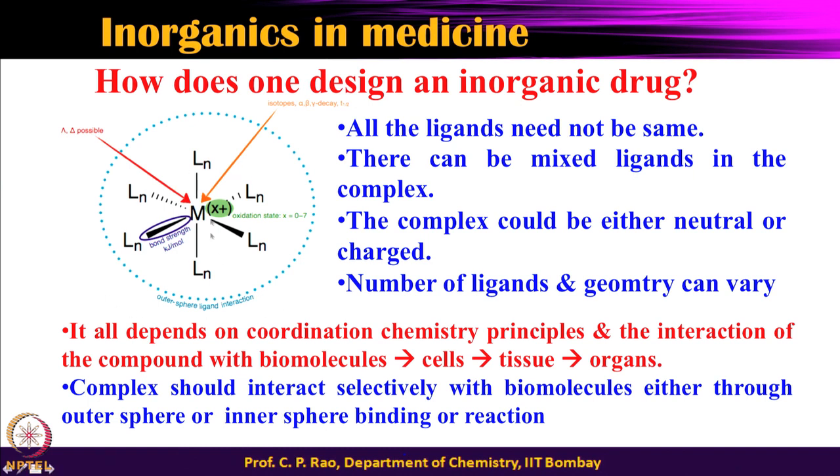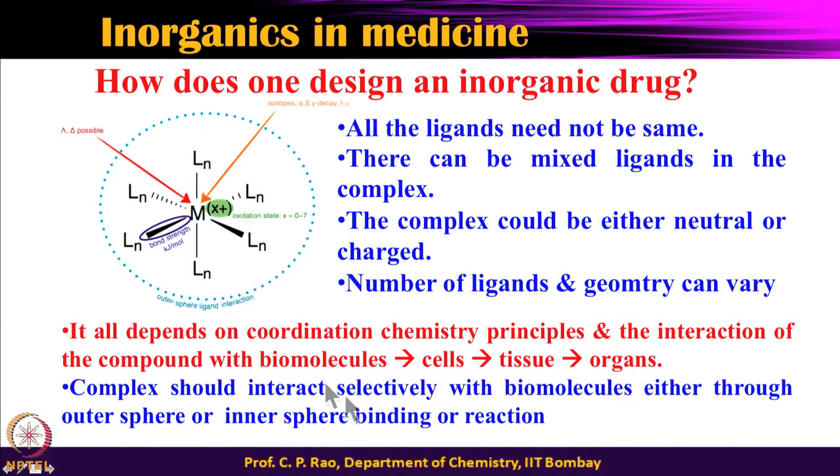Then this complex or compound or drug should interact selectively with some biomolecules, not every one. That means with some enzymes, but not with every enzyme, because if it binds to every enzyme, unwanted things happen. This is what we refer to in medicine as side effects. There are a large number of drugs which are very effective on the disease, but they are bad because they show a lot of side effects.